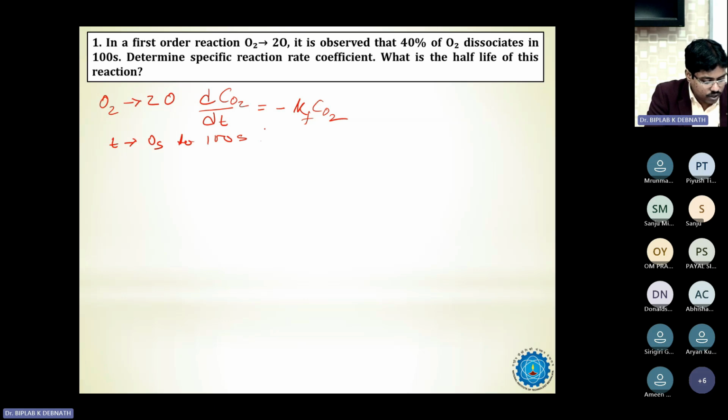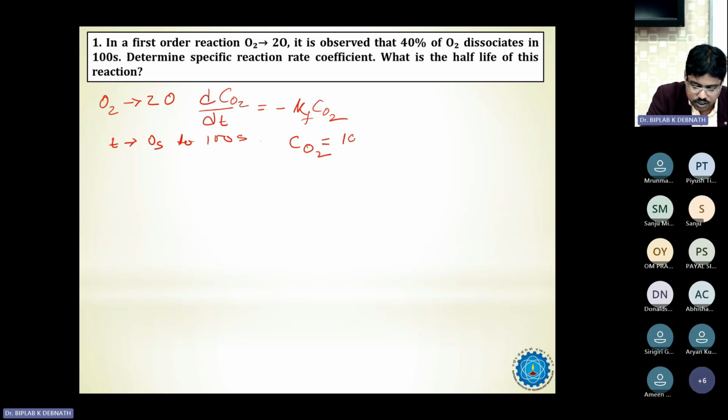So C O2 means the concentration of oxygen after 100 seconds. Initially whatever concentration is there, but after 100 seconds 40% of the oxygen has been dissociated.